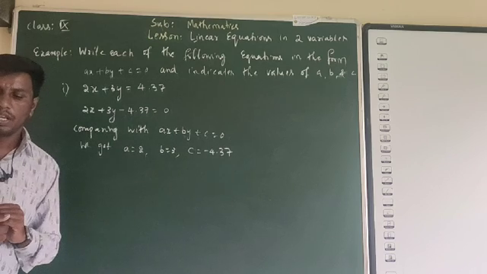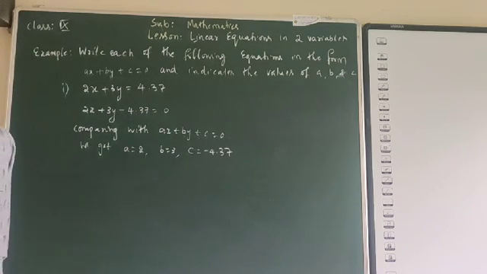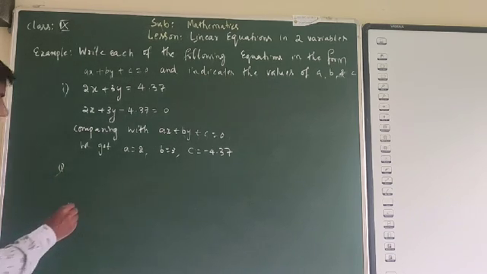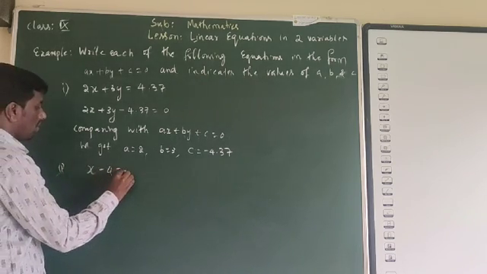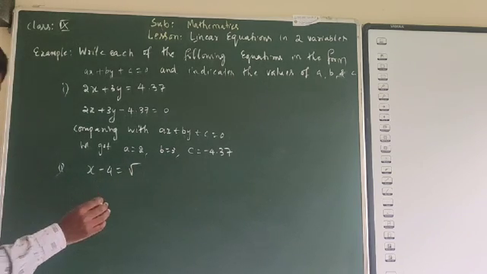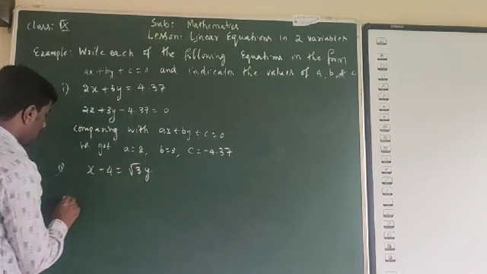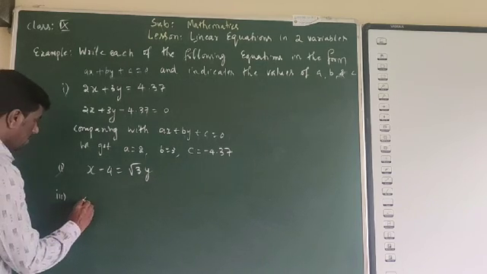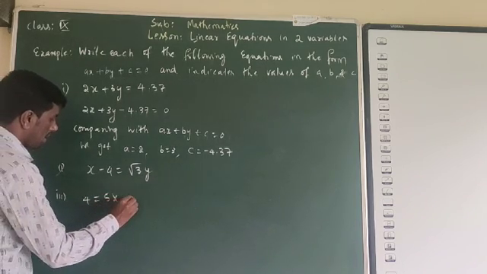Okay. So I will give you some homework regarding this. You have to find out. The second equation is x minus 4 is equal to root 3 y. So this is the second equation. Third equation is 4 is equal to 5x minus 3y.